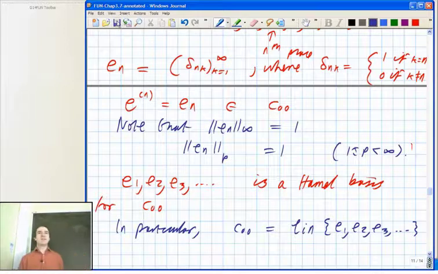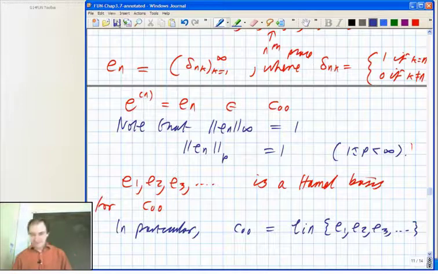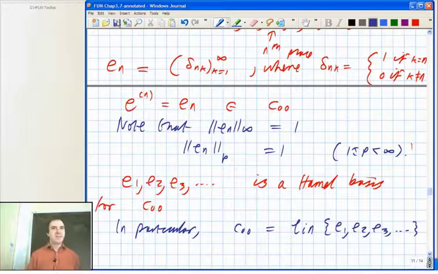This is rather easy to check. And again, if you're thinking of c00 as being the same as the polynomials, then these e_n's are the usual monomials. If you think of c00 as being something like the polynomials, though you might want to allow a 0th term for the constant, I guess, then these would be the monomials, things like x to the power n.